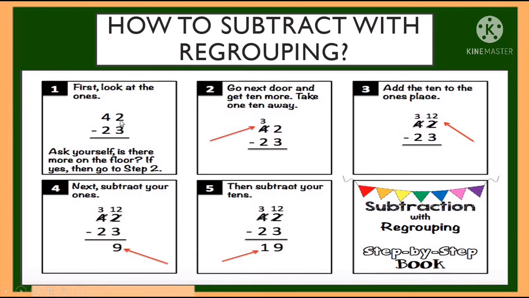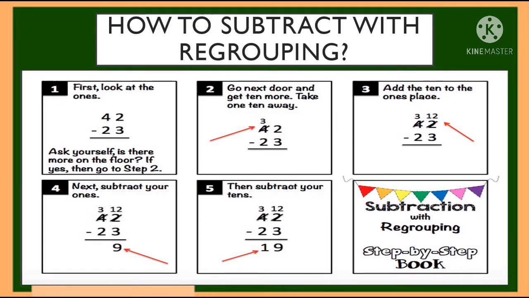So 2 is less than, it's smaller. Am I right? Yes, this one is smaller than 3. So if we have a number in the minuend that is less than the subtrahend, then we will borrow from the next place value.